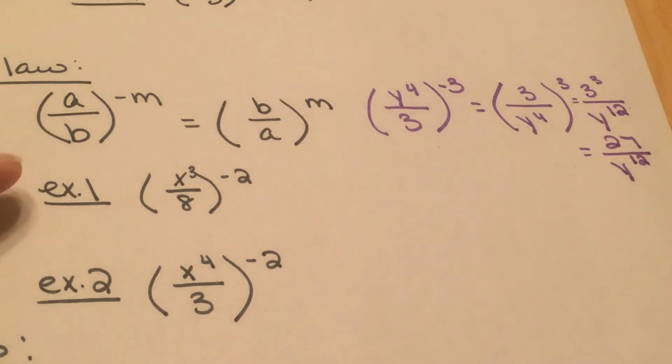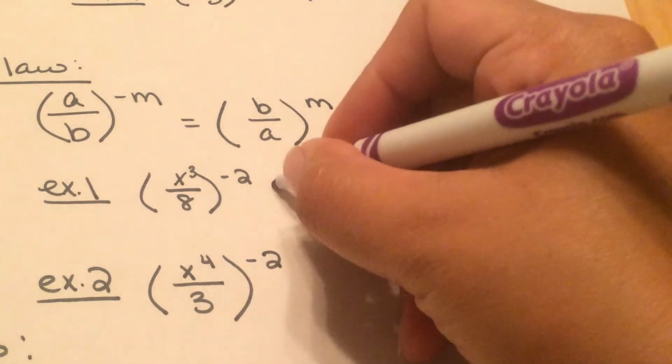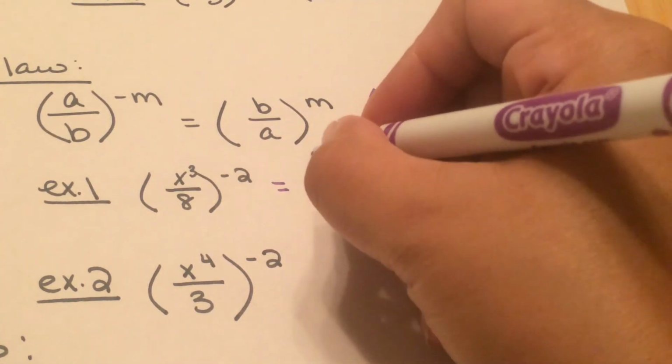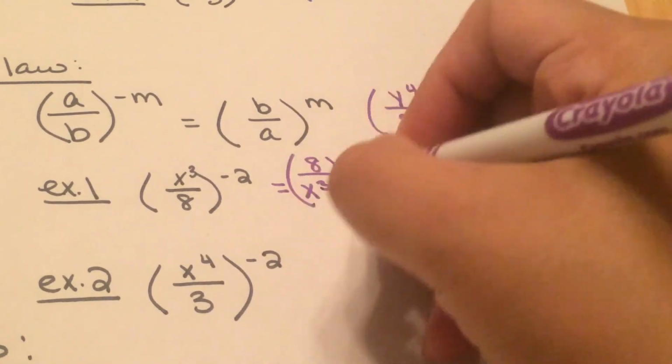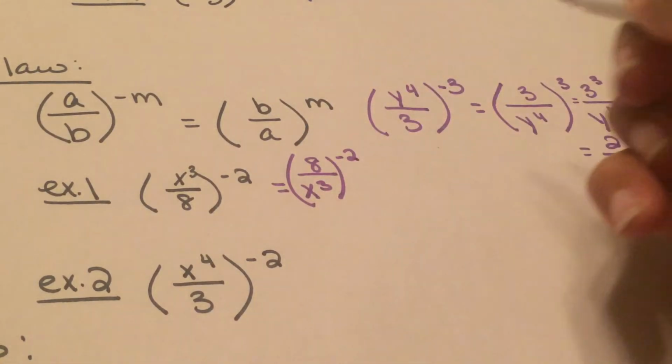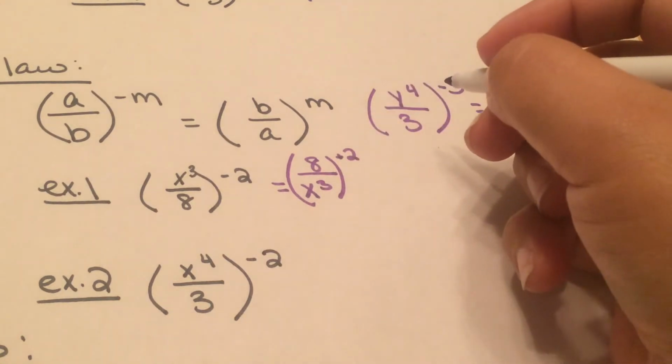All right, so why don't you guys try example 1 and example 2 on your own. Go ahead and simplify that. Pause the video. Hopefully, on the first example, you got 8 over x to the third to the negative second power. I lied, to the positive second power.